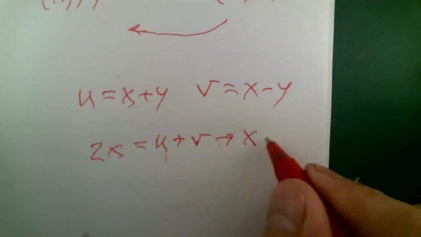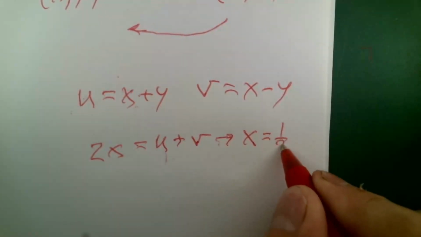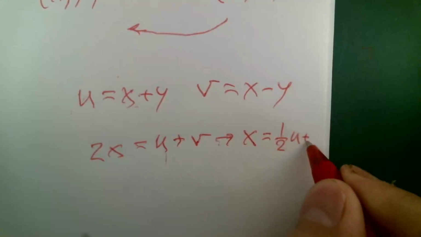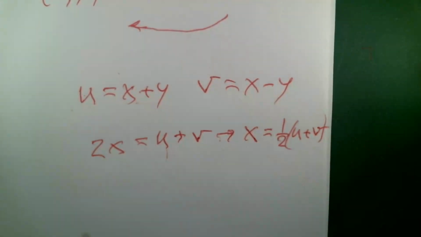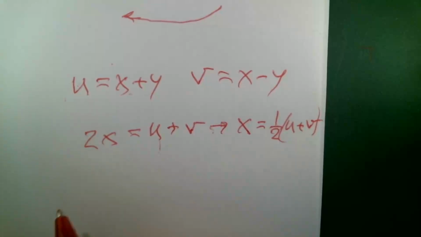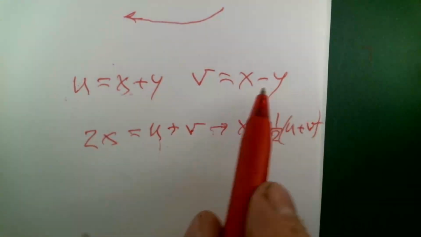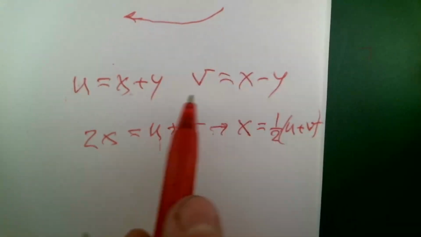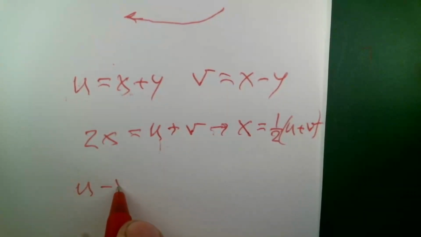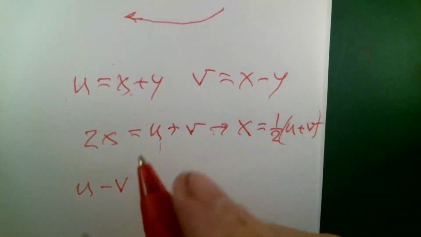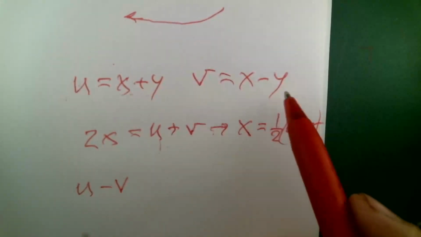And so that's easy. It turns x into 1/2 of the sum, like that. If I subtract these two equations, it'll be u minus v on the left, and x plus y minus x minus y.